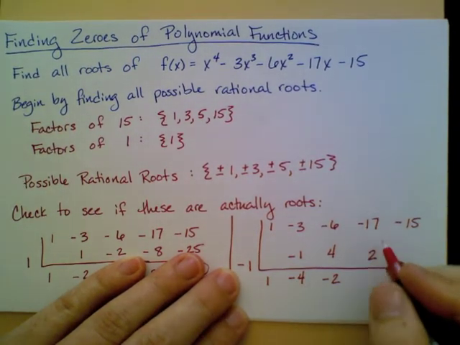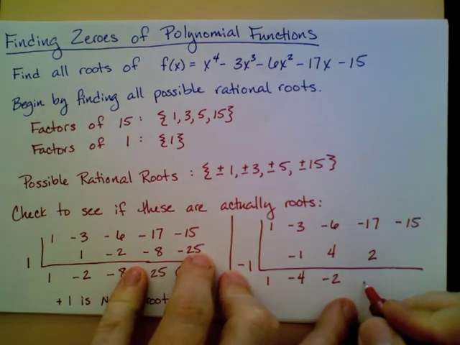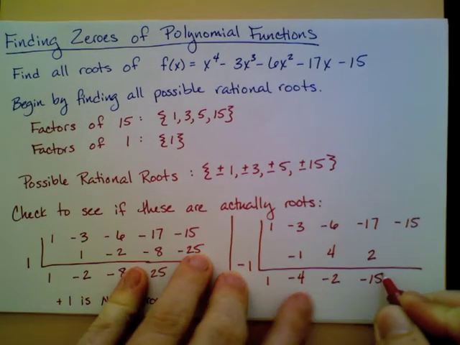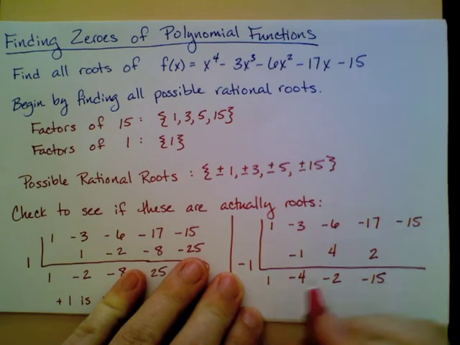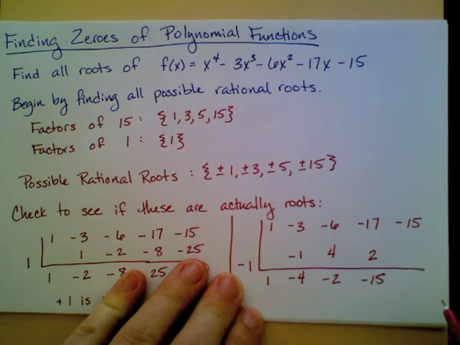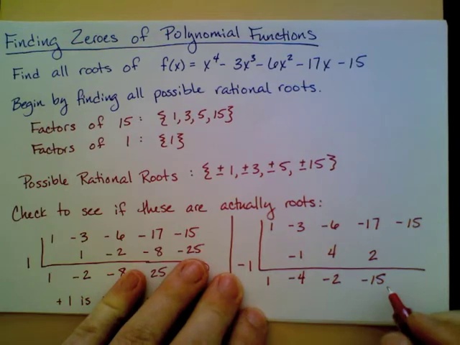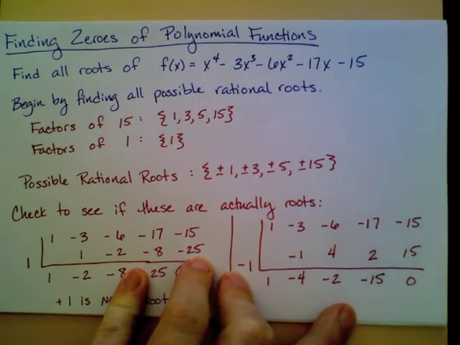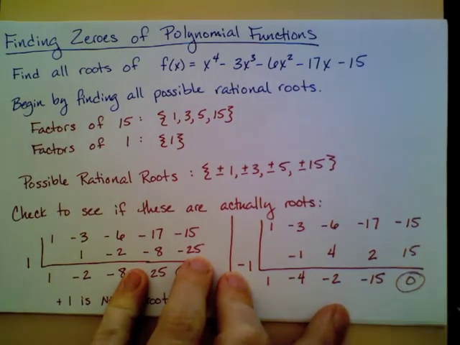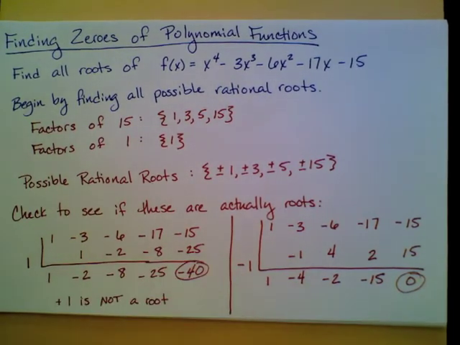Negative 17 plus 2 is negative 15. Negative 1 times negative 15 is positive 15. And I do get a remainder of 0 here.